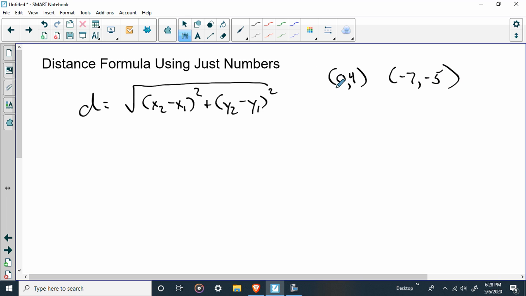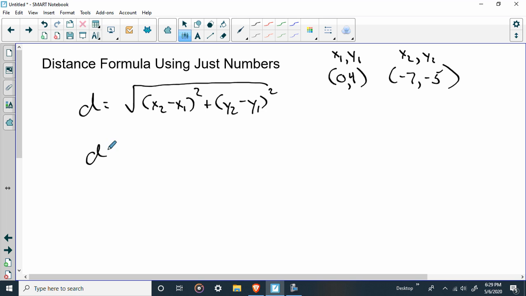You have to decide which is point 1 and which is point 2. I'm going to say this is point 1, and this is point 2. Okay? It doesn't matter which one's which. You can call this one x1, y1, and this one x2, y2. You just have to make sure this is your first point, and this is your second point. You can't be mixing and matching the numbers, okay?